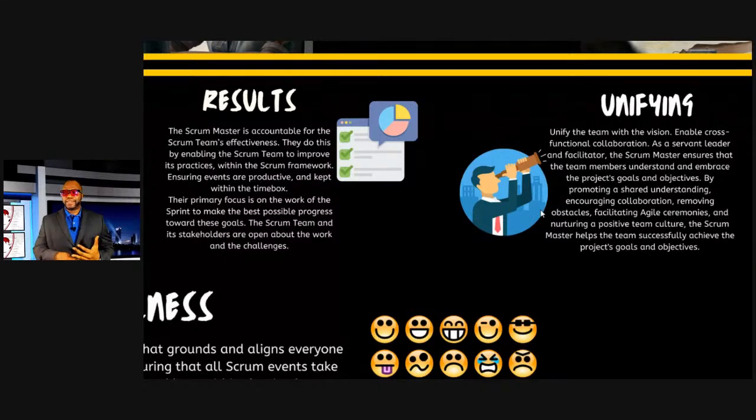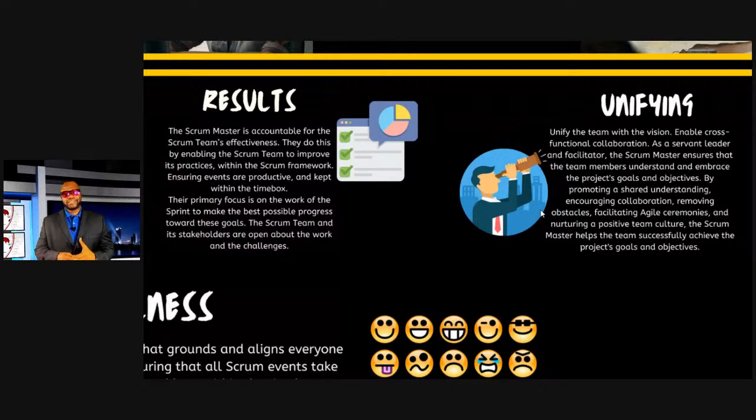So as a servant leader and facilitator, the Scrum Master ensures that the team members understand and embrace the project's goals and objectives. By promoting a shared understanding, encouraging collaboration, removing obstacles, facilitating agile events, some people are going to have a whole powwow over using the word ceremony.